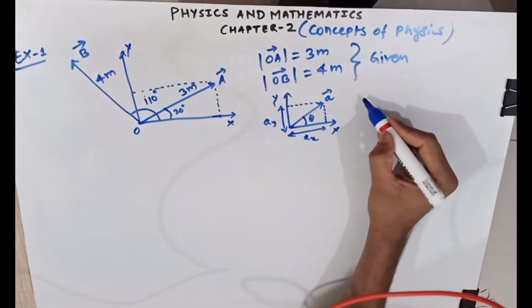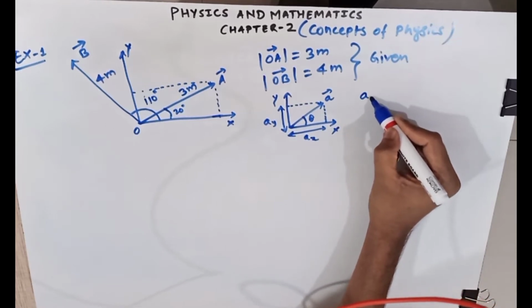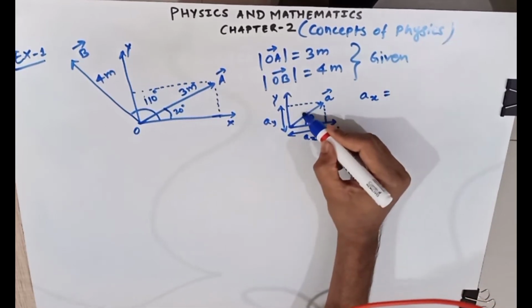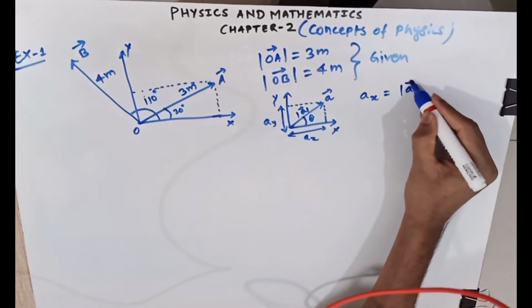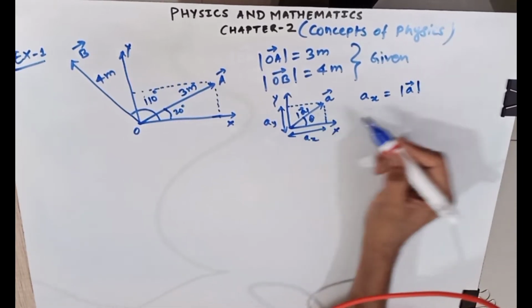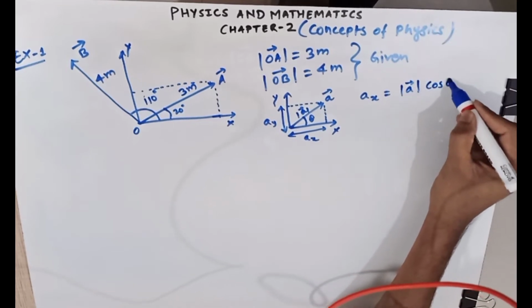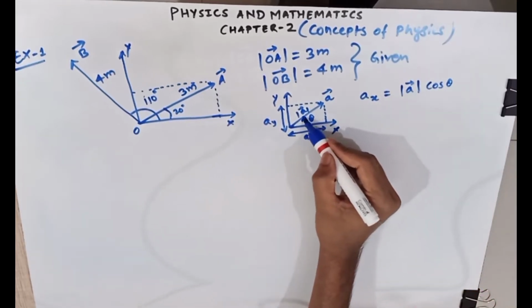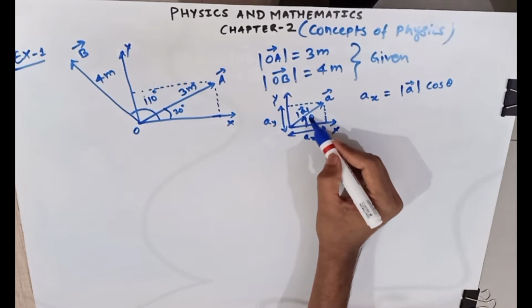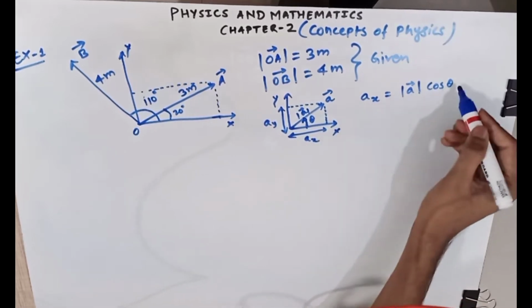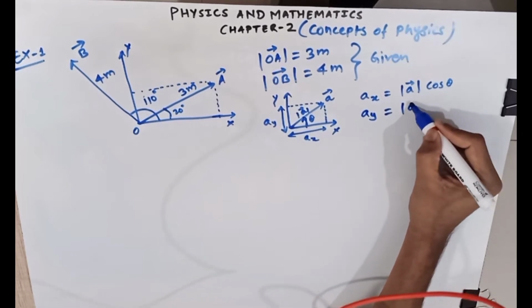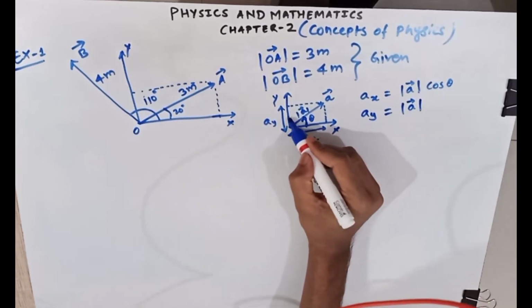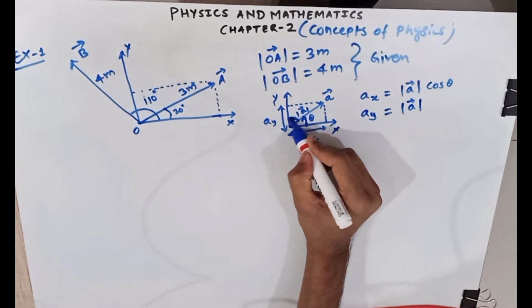And how do we find it? So Ax will be defined as the magnitude of vector A times cos of the given angle with the x-axis. In the anti-clockwise direction we consider the angle as positive. Similarly, the y component of this vector would be the magnitude of vector A times cos of whatever angle it is making with respect to y.